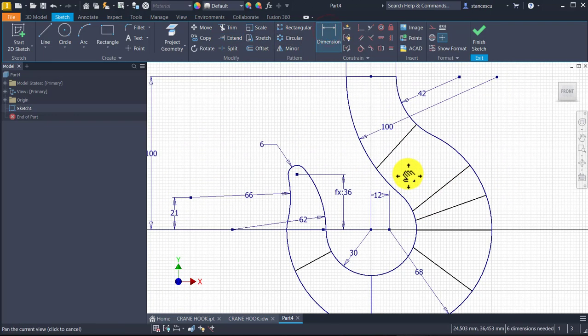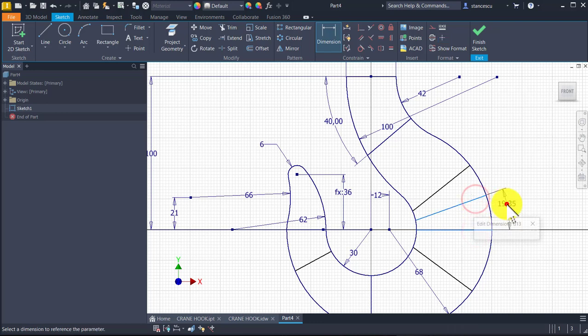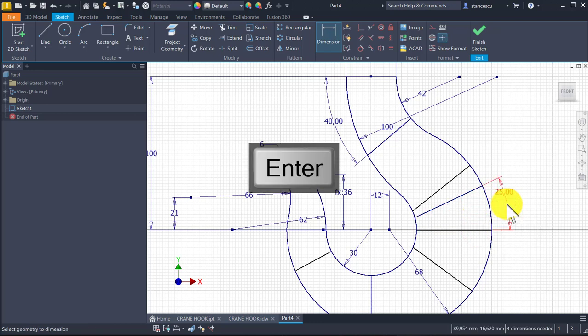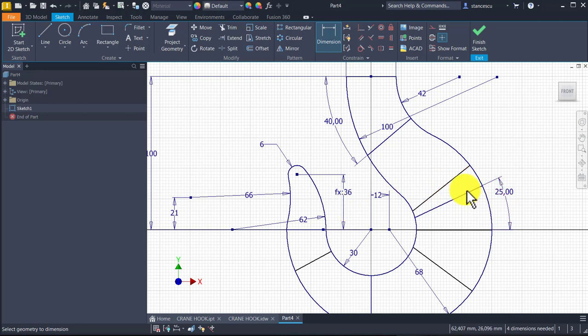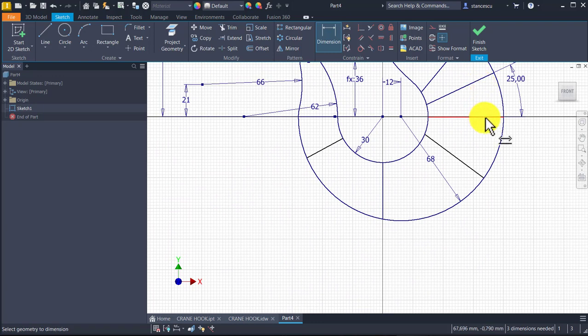Angles. Angles are dimensions like any constraint. 40, 25. They are selected arbitrarily by me, and you can add any other lines.